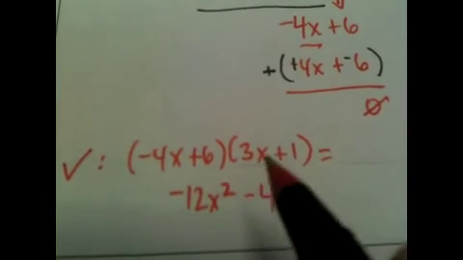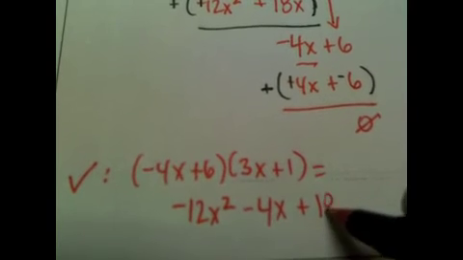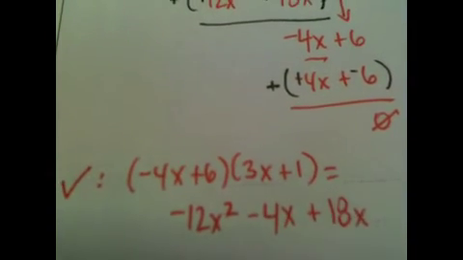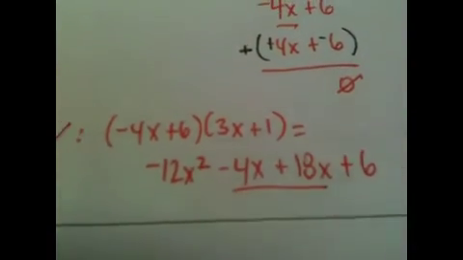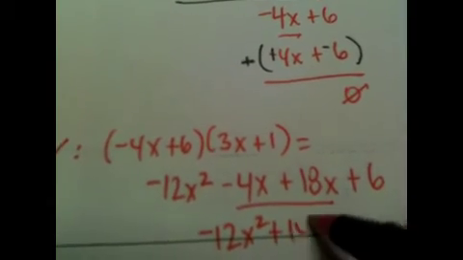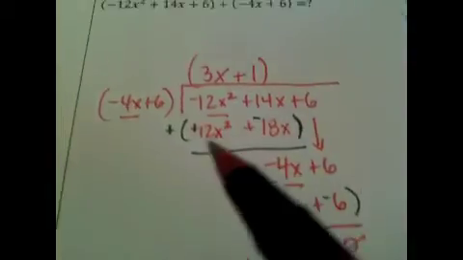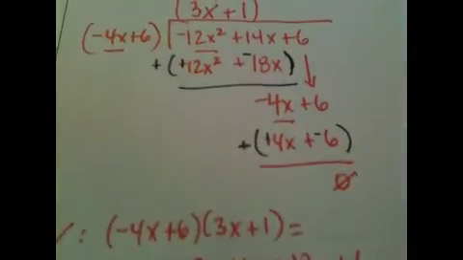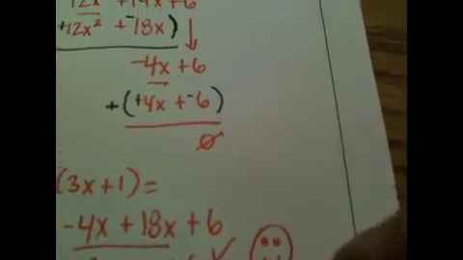Okay, inner, 6 times 3x, which is 18x. And 6 times 1, which is the last terms. Like terms here. Final answer, negative 12x squared plus 14x plus 6. And if we look here and then look at the original problem, they're exactly the same. So it does check out, and it does make me happy.